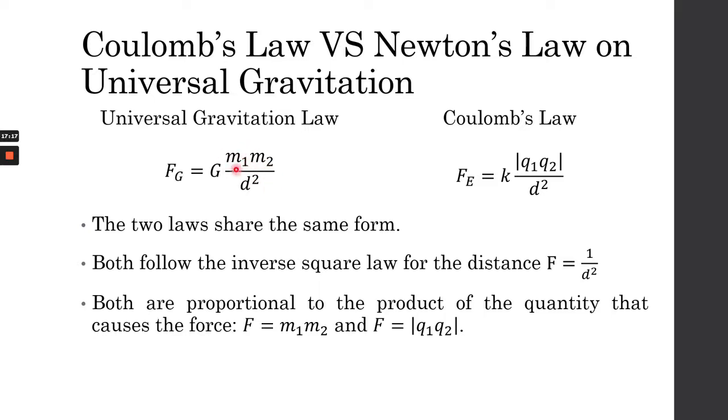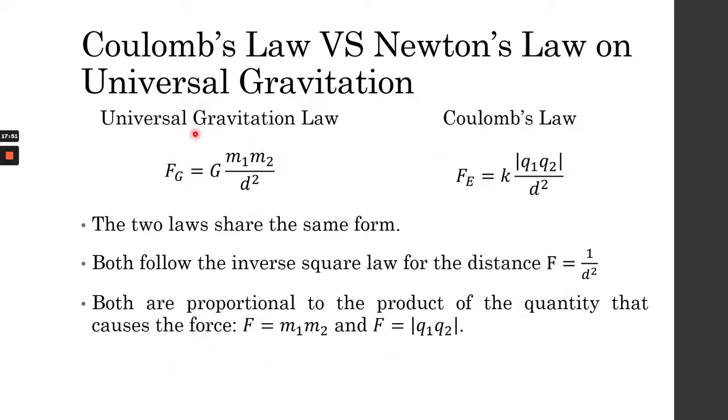So if you multiply the mass of those two objects, it is proportional to the force of gravity exerted by the mass. Meaning if I increase the mass, the force of gravity also increases. The same is true for Coulomb's law. If I increase the charge of one particle, the force increases. So that's why they are directly proportional to the product of the quantity that causes the force.